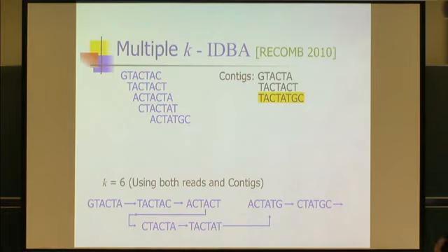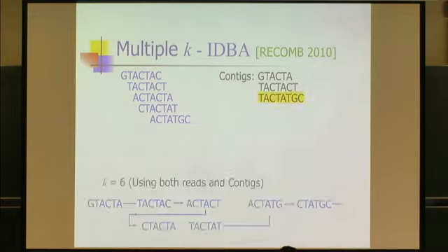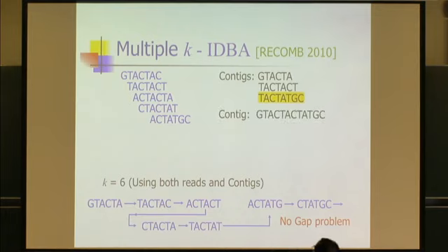The reason is that this contig here comes from the k equal to 5 run and gives out the information, because you can see that 5 has no problem with the gap. And now we run this again, then we can get the whole contigs.